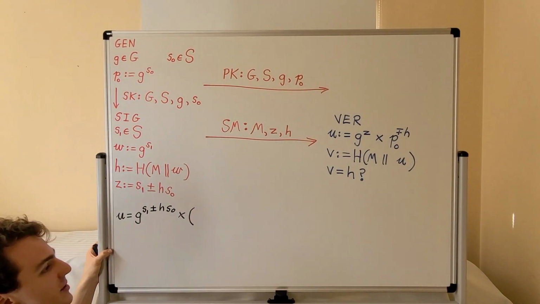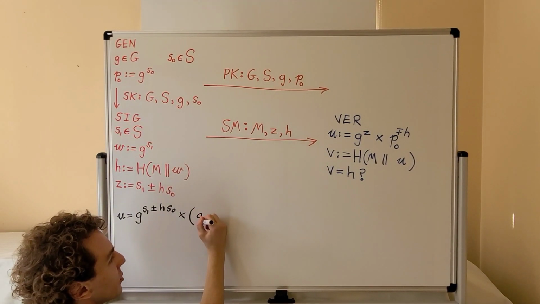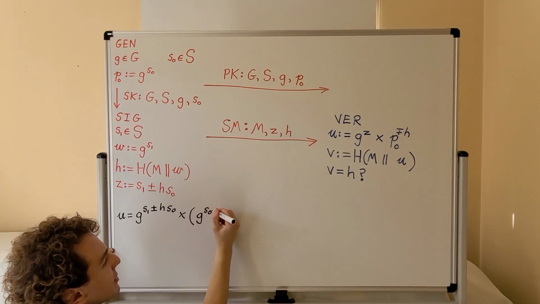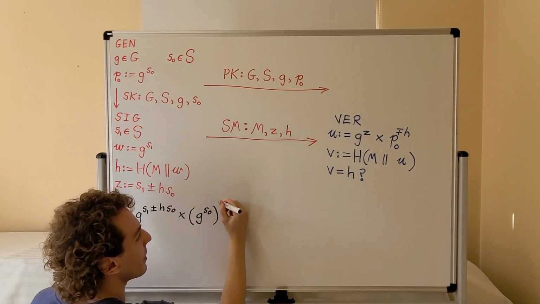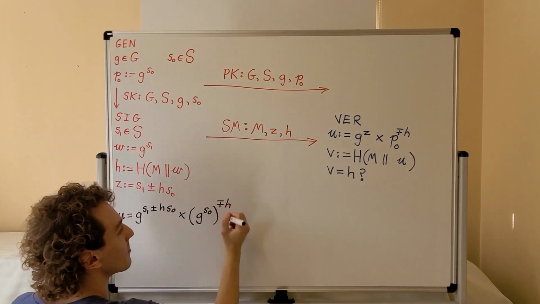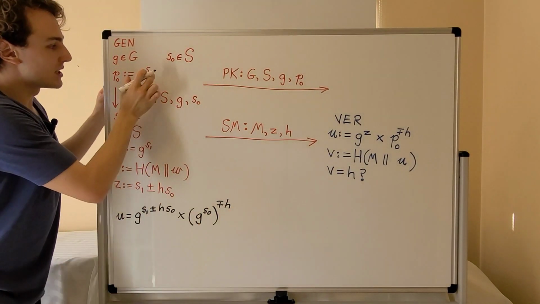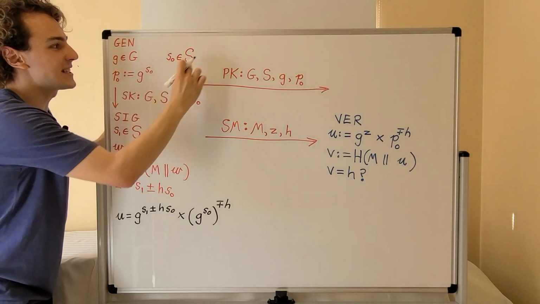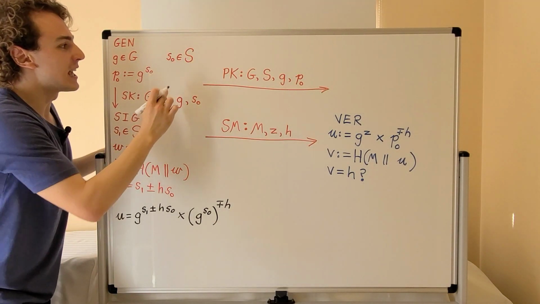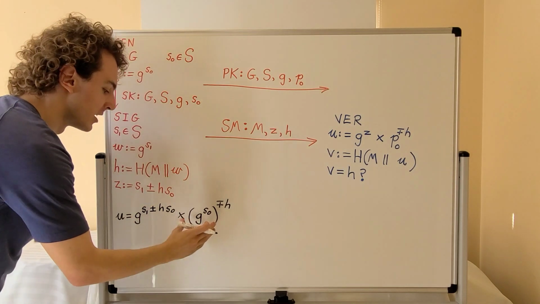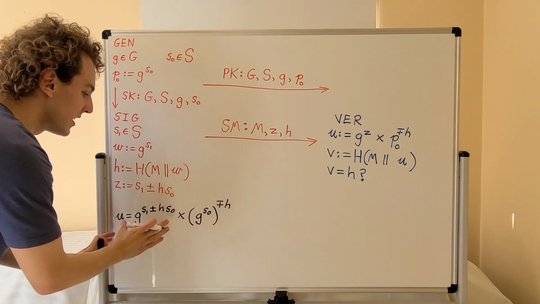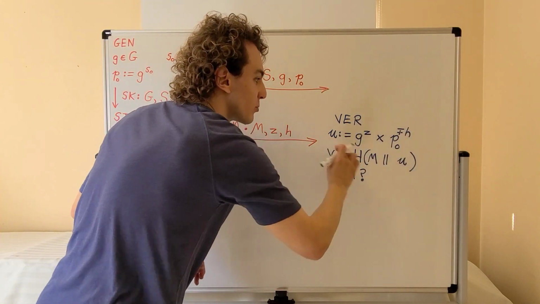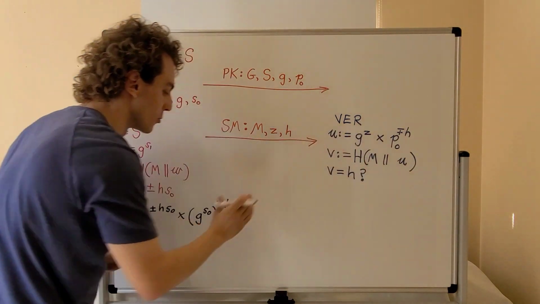P0 can be written in terms of the generator. So we have the generator to the power of s0, and that is being raised to the power of minus plus h. This definition is present up here. We're raising the generator to the power of s0, that's this secret value that was chosen in the key generation procedure. So this is just a different way of expressing this definition of u.